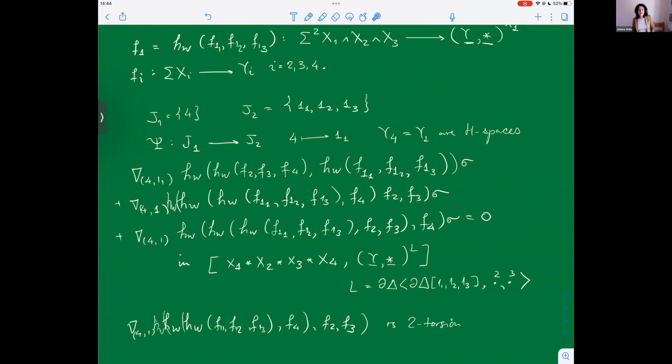When you rationalize this integral relation, you recover Elizabeth's result. We have an extra term, but that extra term doesn't appear rationally because it is a two torsion term.